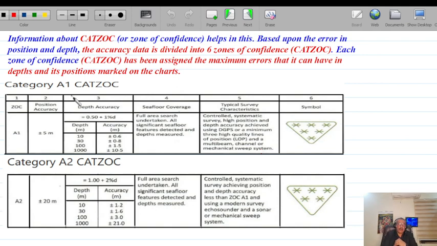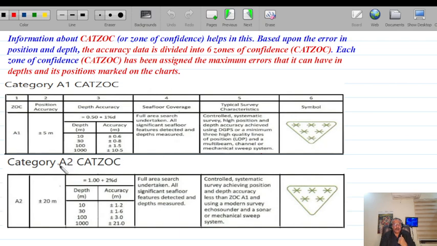Now, in case of CATZOC A1, you'll find 6 stars marked on your chart. When you superimpose your ENC display with the CATZOC, it will show you how the data has been surveyed. If it is category A1, you will find 6 stars on the chart, 3 and 3, as shown over here.